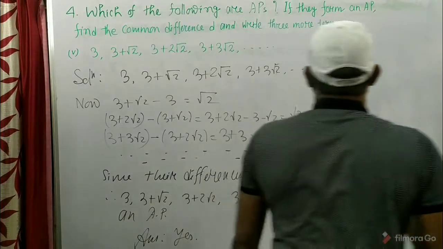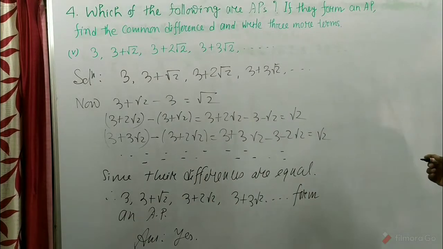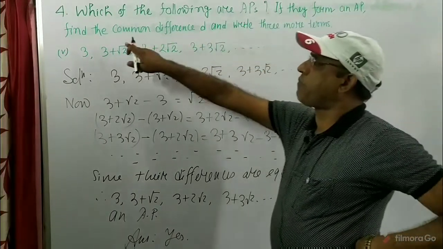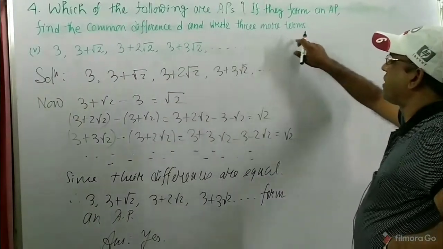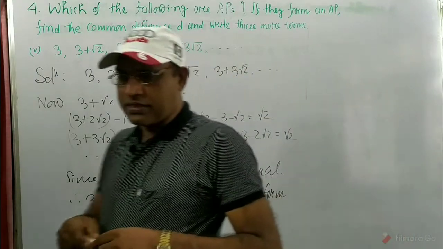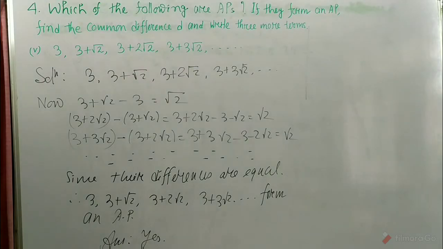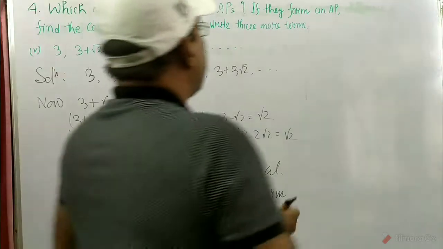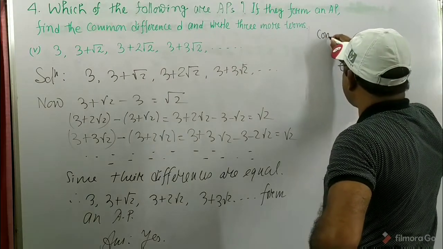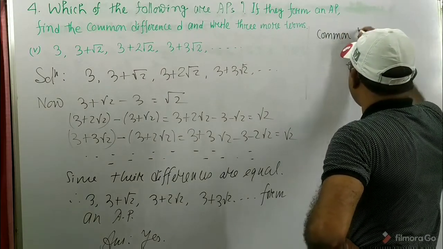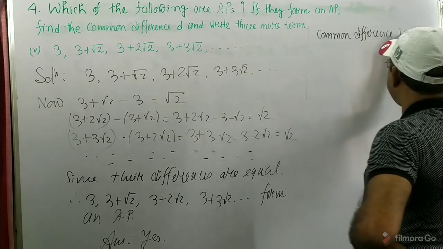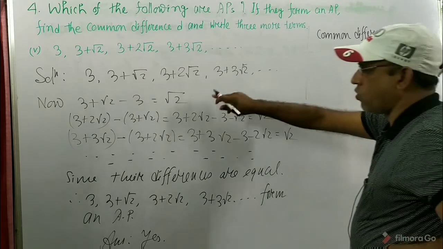If they form an AP, now we want to find their common difference d and write three more terms. Therefore the common difference d equals root 2.